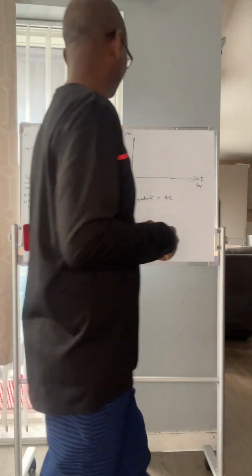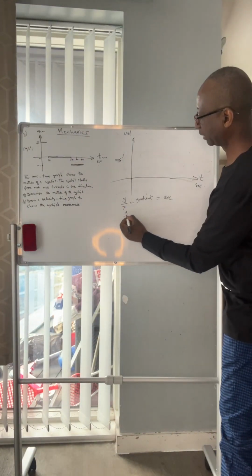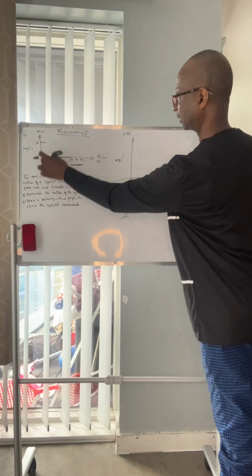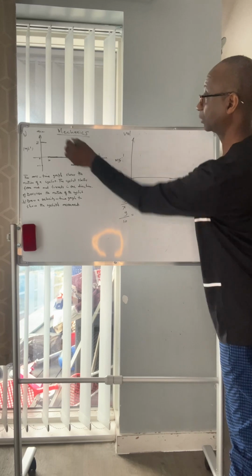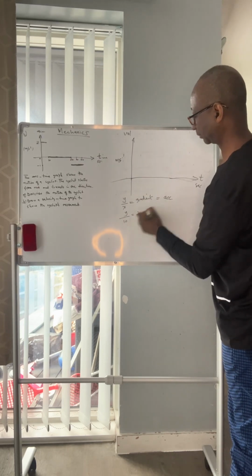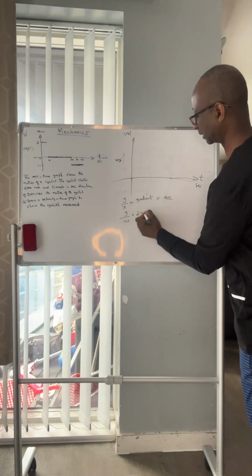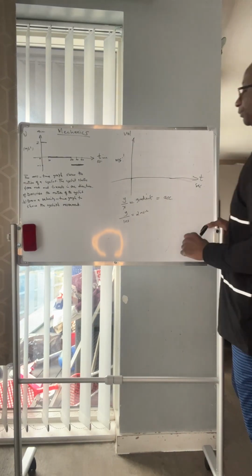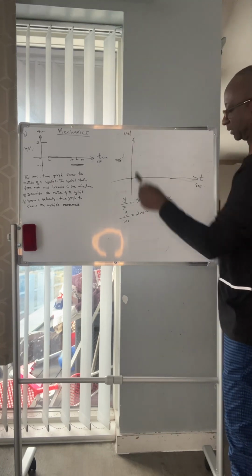So what do we have here? We have y all over 10 seconds, accelerated at 2 meters per second squared. What will be our line on the y-axis here is the velocity.